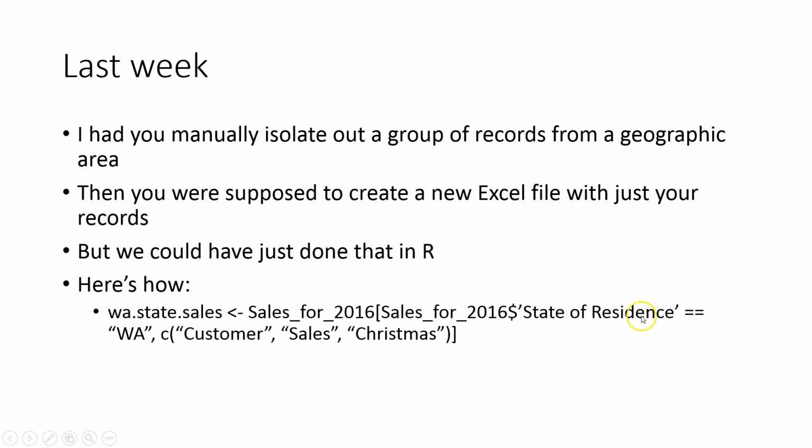So where state of residence is equal to the value capital WA for Washington, then combine what's in customer, what's in sales, and what's in Christmas, and make that a new record in this data frame, Washington State Sales. Okay, so I could have dumped everything from Washington or Oregon or Idaho. The only thing I would have to change here is this designation, and you could have done it directly from R.